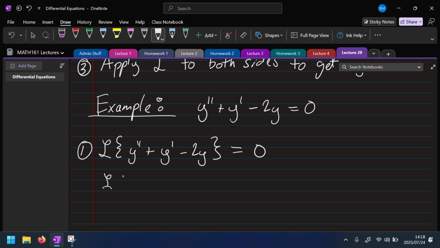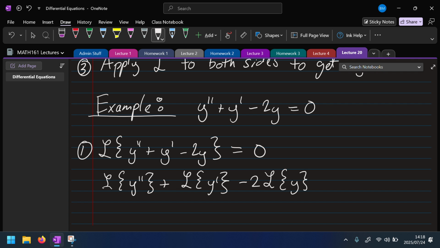So this will be the Laplace transform of y double prime plus the Laplace transform of y prime. And then the -2 can also come out, so we have -2 times the Laplace transform of y.